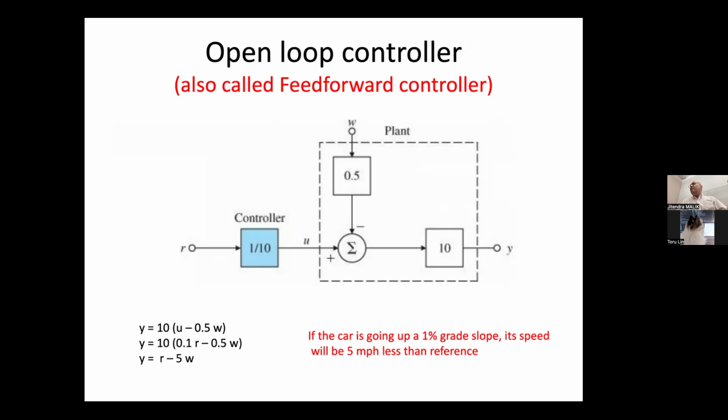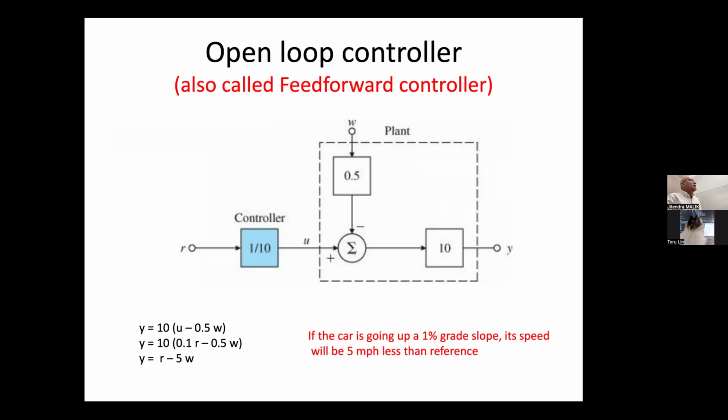That model will do the right thing, except for the fact that there is this disturbance, which is the fact that the road you're going on has some slope. And we've got a little model here of that phenomenon.